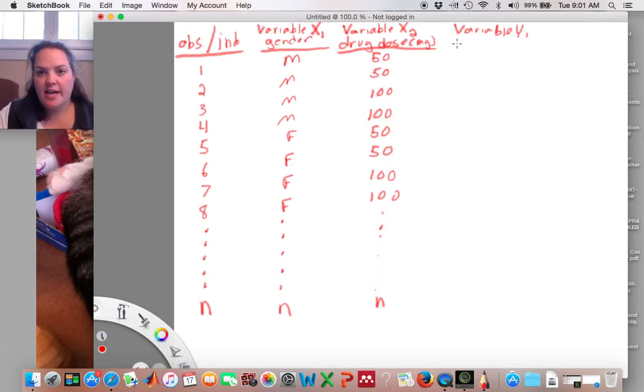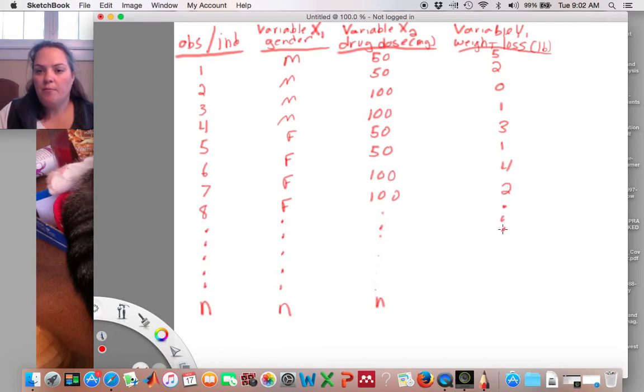And let's say that is weight loss in pounds. Let's say the first male lost 5 pounds, the second male lost 2 pounds, the third male lost 0 pounds, the fourth 1 pound, and then we'll fill in some more information for the females.